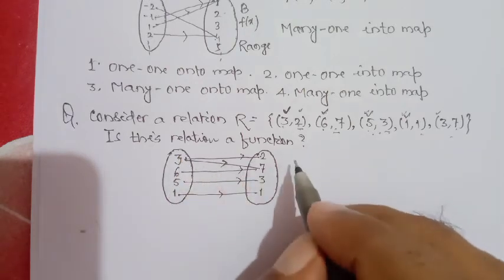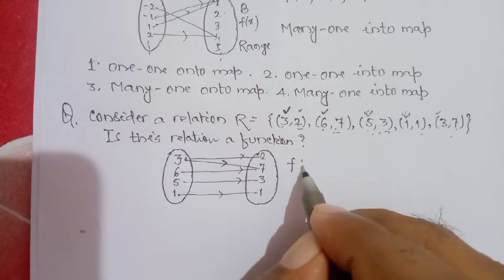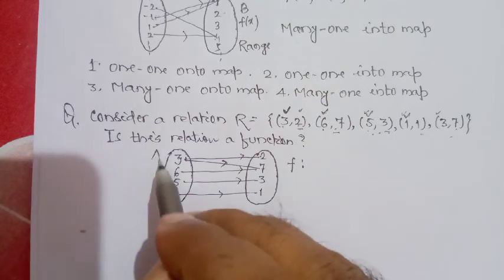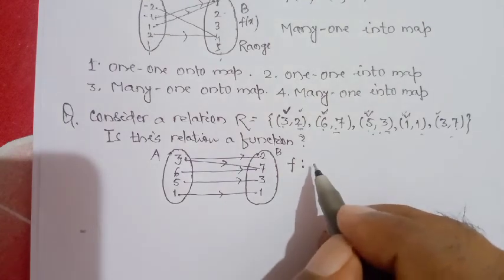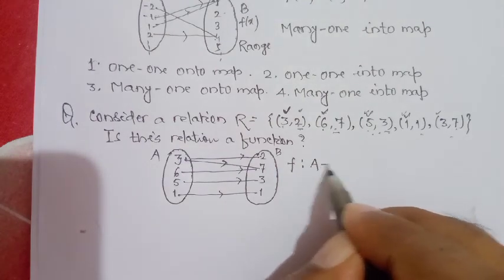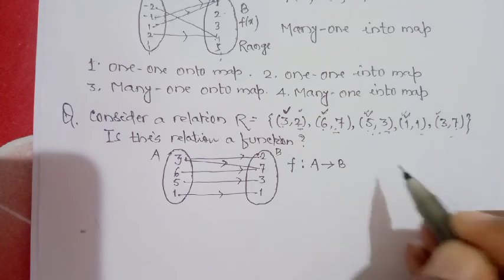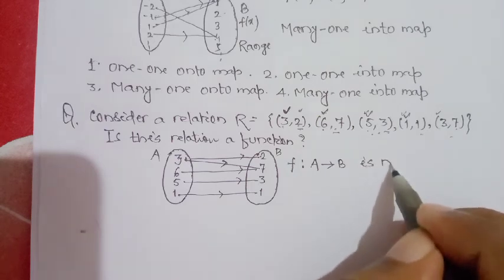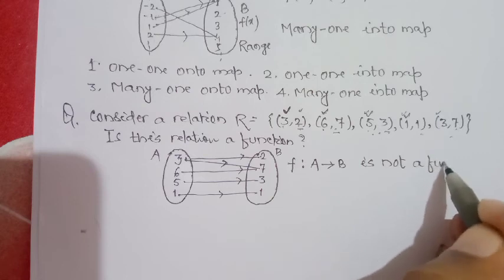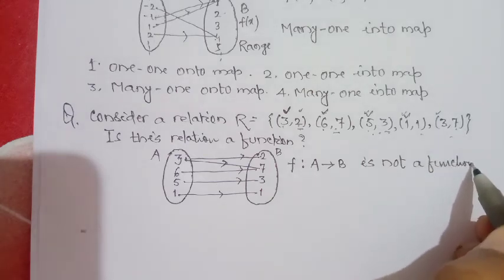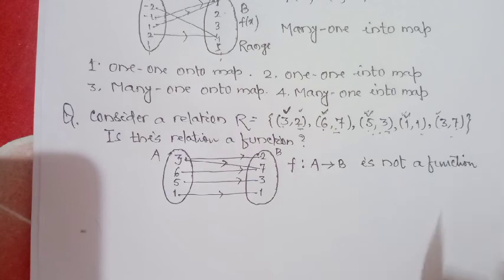So f from A to B is not a function, so this is difference between relation and function.